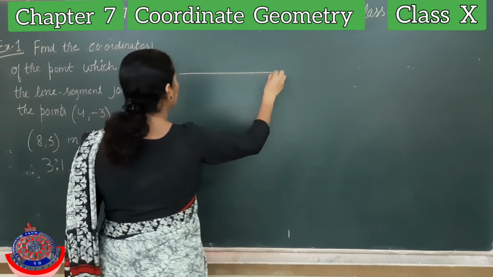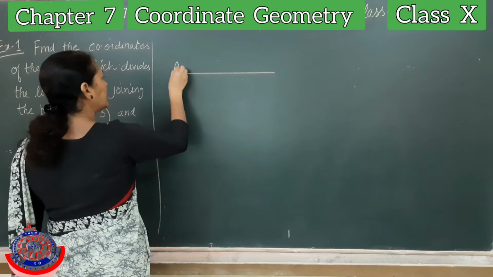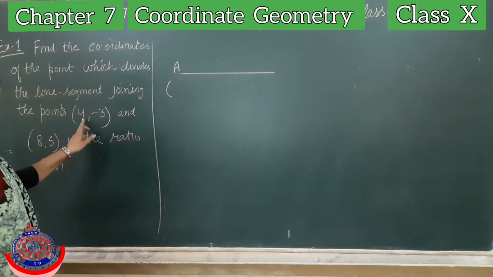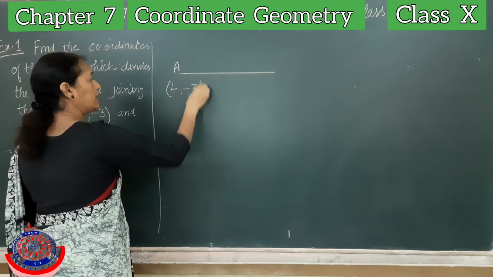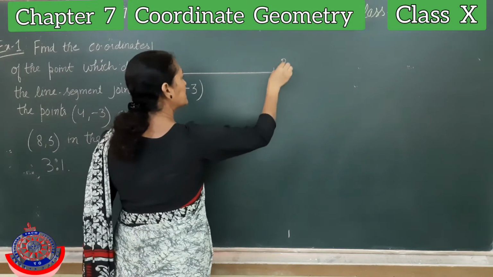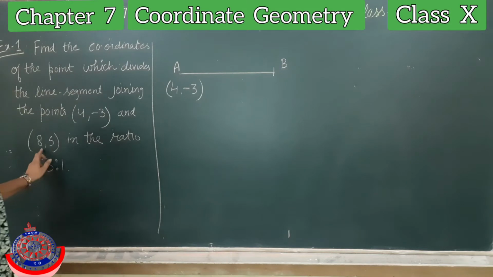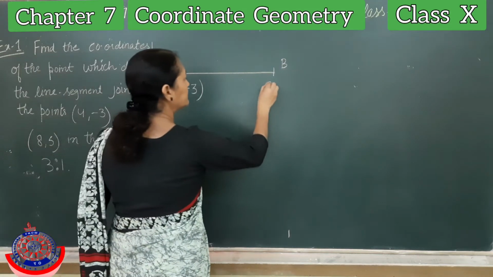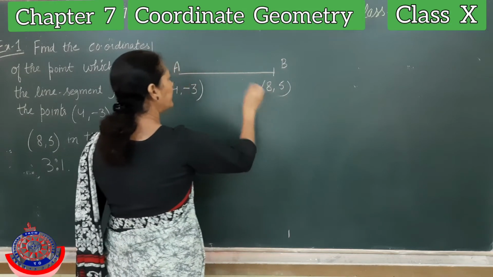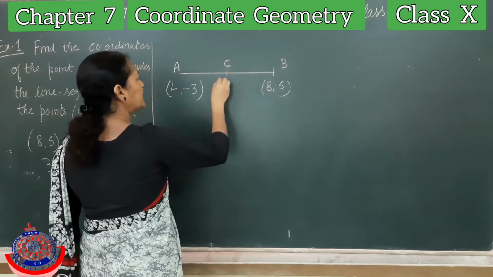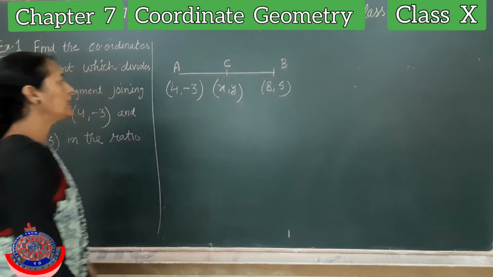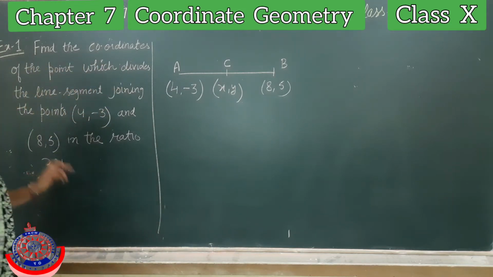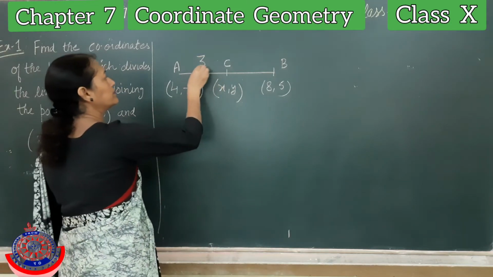They have given us 2 points, A having coordinates 4 and -3, B having coordinates 8, 5. We have to find the coordinates of a point C, let the coordinates be x and y, which divides the given points in the ratio 3:1.